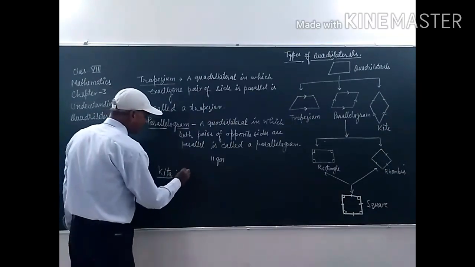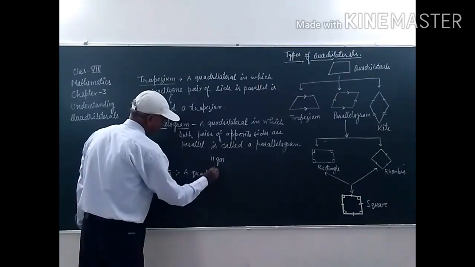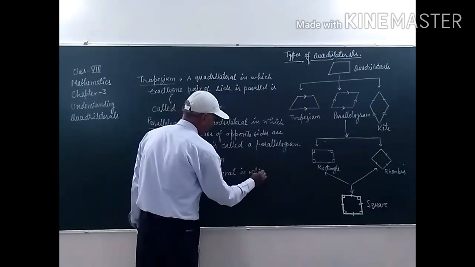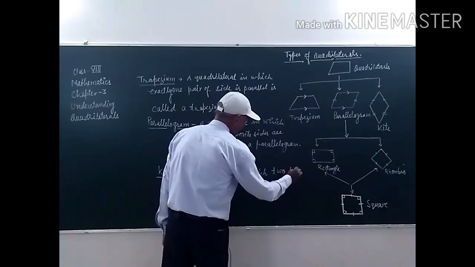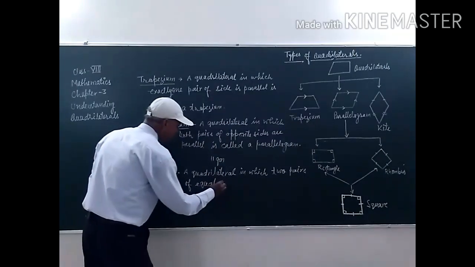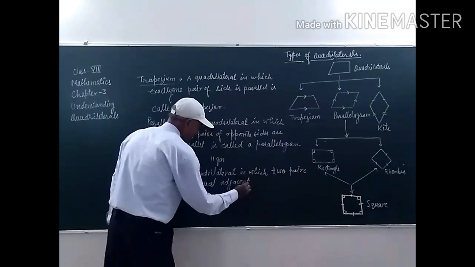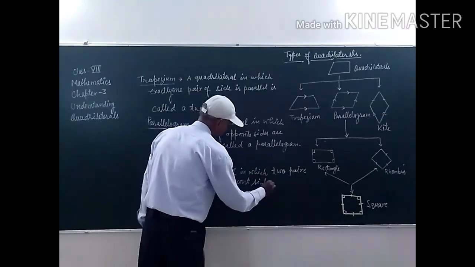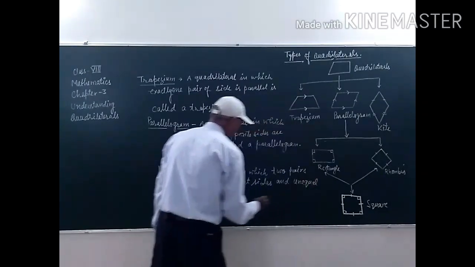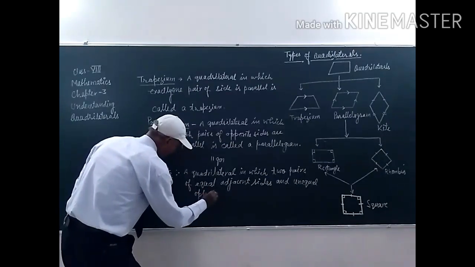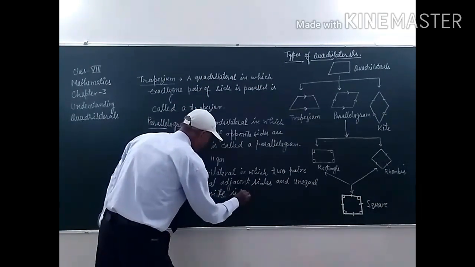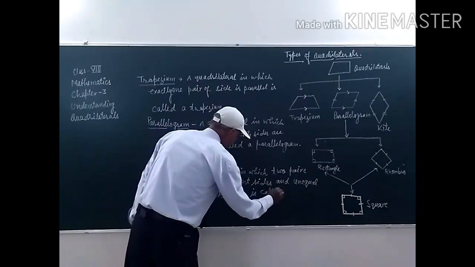A quadrilateral in which two pairs of equal adjacent sides and unequal opposite sides is called a kite.